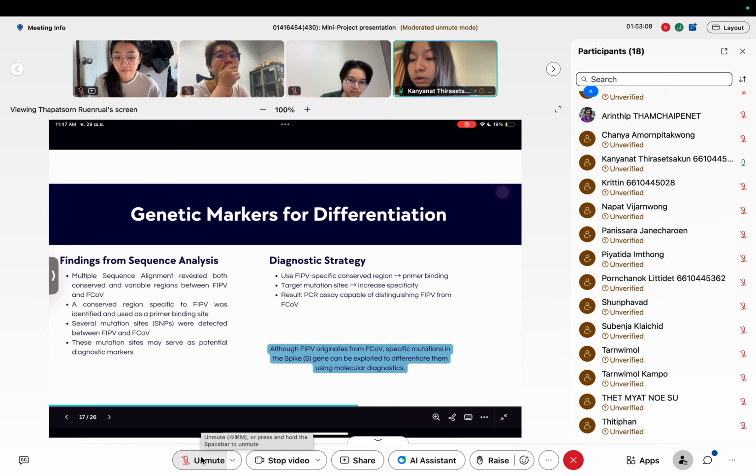This enables the development of a PCR assay that can accurately distinguish the two. Even though FIPV originates from FCoV, differences in the spike gene allow molecular differentiation.